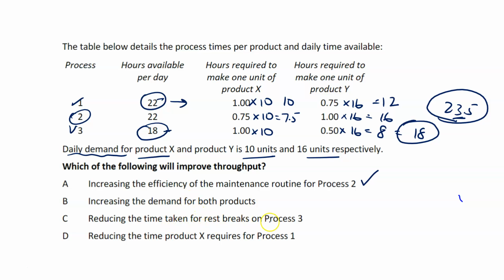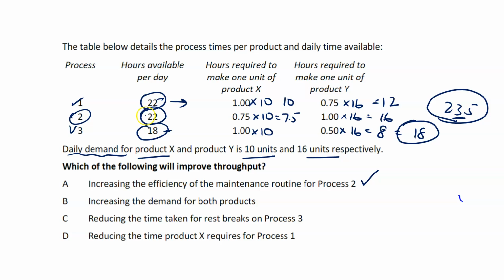Reducing the time for rest breaks in process 3, well, you have enough hours; you might even start seeing some inefficiencies. And reducing the time product X requires for process 1, no, that won't make things more efficient. Our problem really is what's going on with process 2.